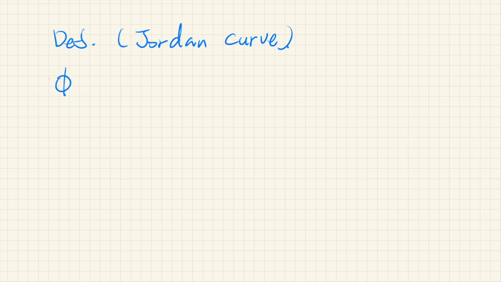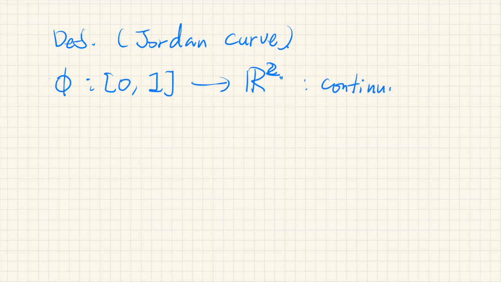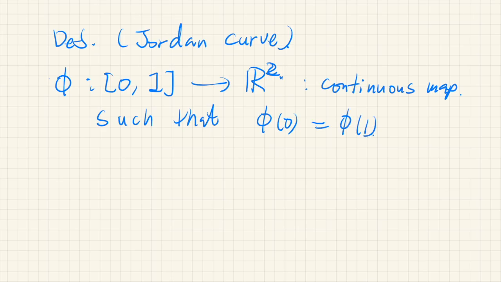So let phi be a function from the closed interval between 0 and 1 to the two-dimensional plane, a continuous map, such that phi of 0 is equal to phi of 1, and the restriction, so if we restrict this to the semi-open interval, not including 1 but including 0, is injective.